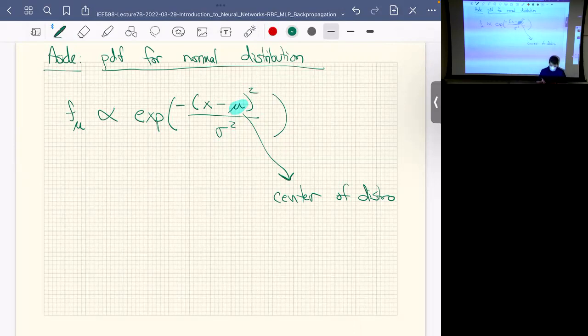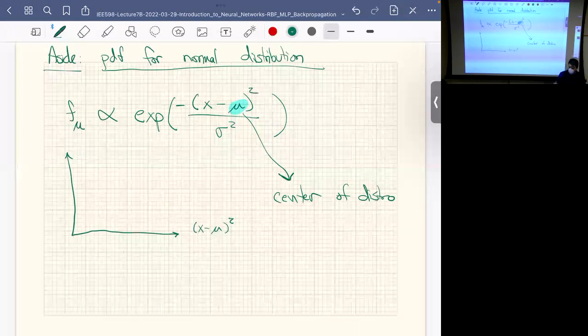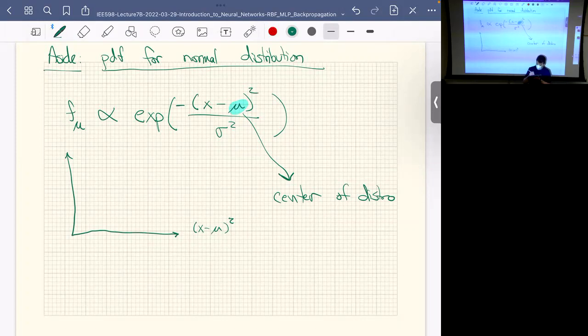So if I were to plot the distance away, x minus mu squared, so it's just a squared distance, and maybe it's scaled or whatever, then all this is saying is that as you get farther away from mu, you get an exponential fall off.